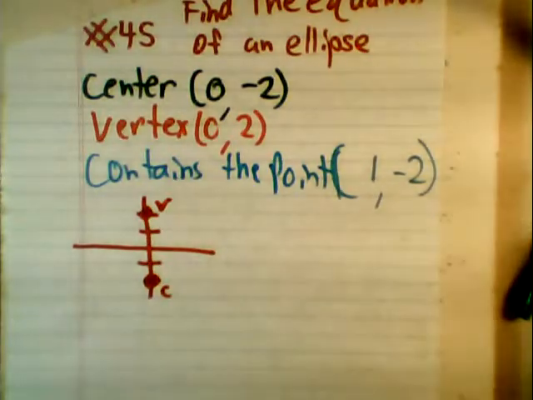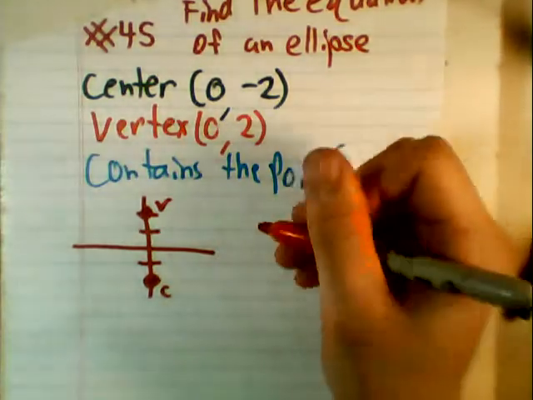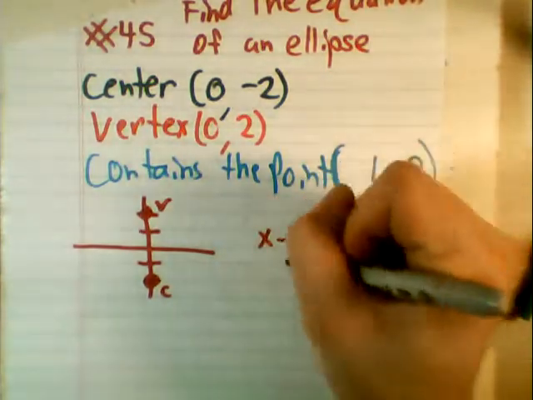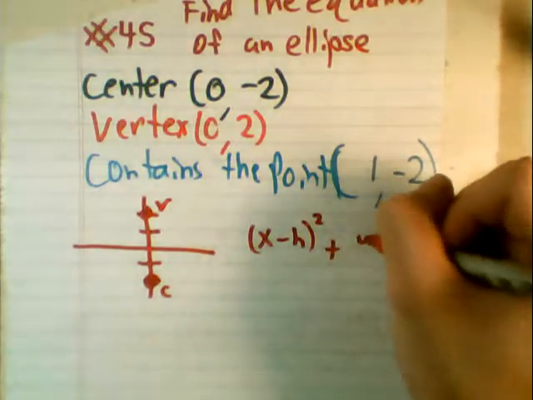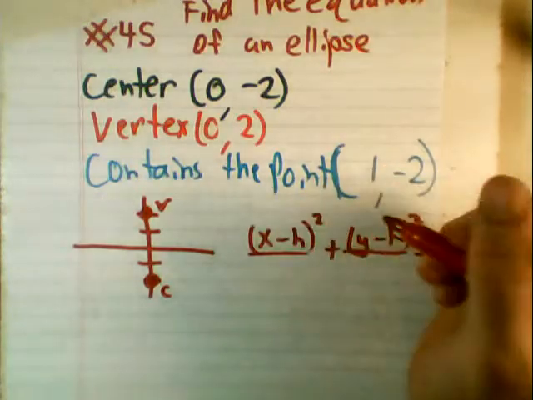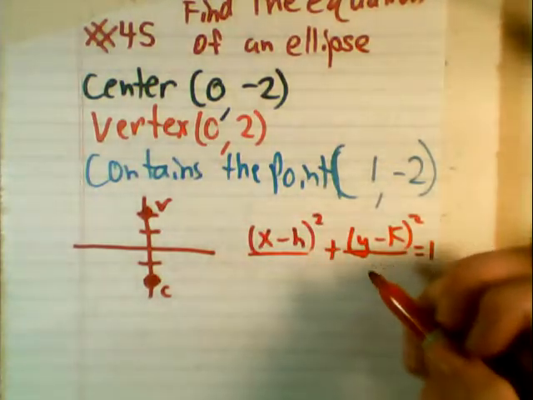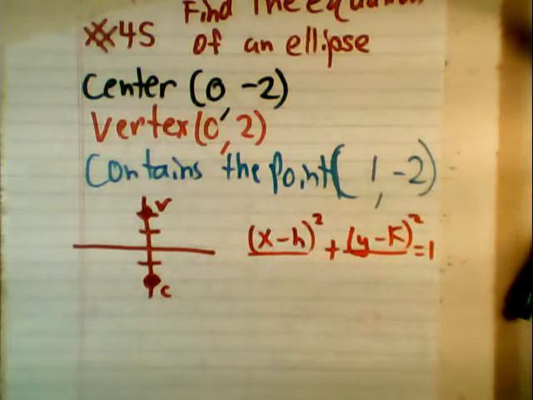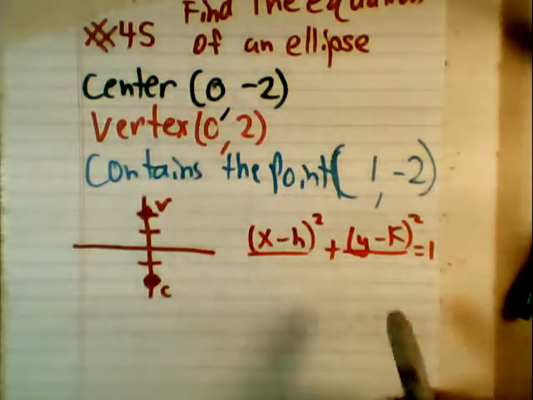Well, if you recall from our ellipse, we have the equation (x minus h) squared plus (y minus k) squared equals 1, and it's over a squared and b squared. The a value is always along the side, so a goes over whichever one.